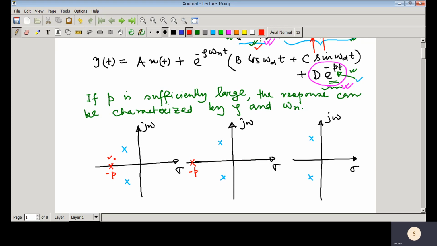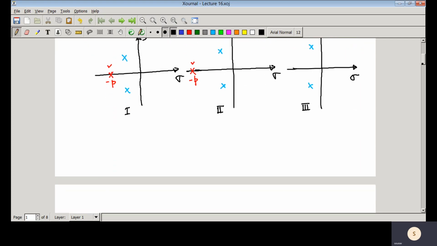So this one is closer to the origin, this one is a little bit further, far away from the origin, and here we assume that this pole is at minus infinity. So that means it is a standard second order system. Let us say this is case 1, this is case 2, and this is case 3. So in that case, what would be the response?